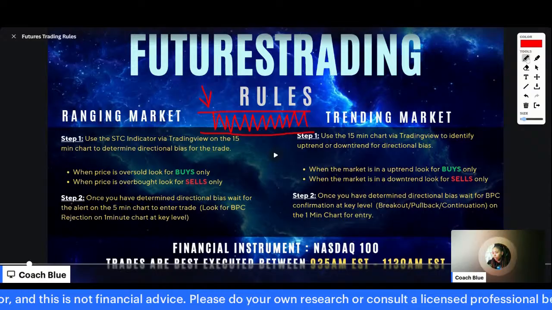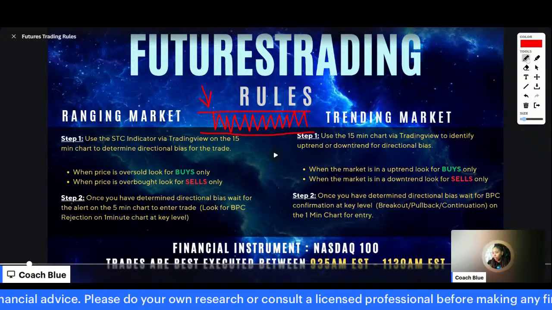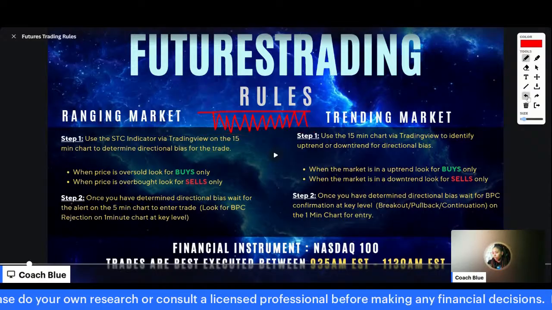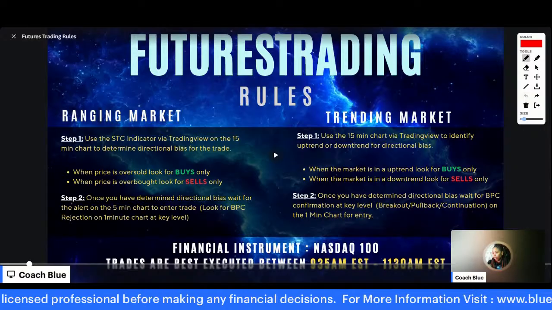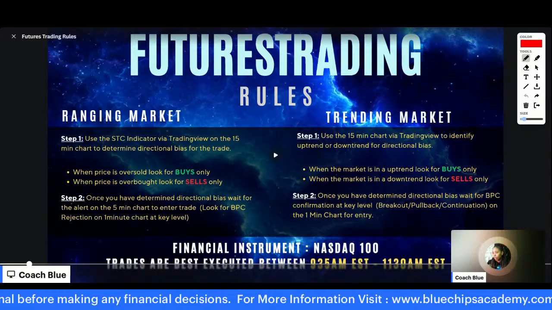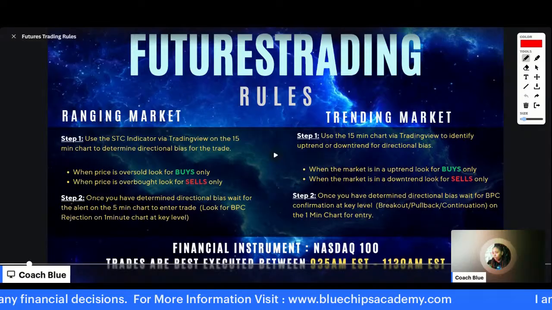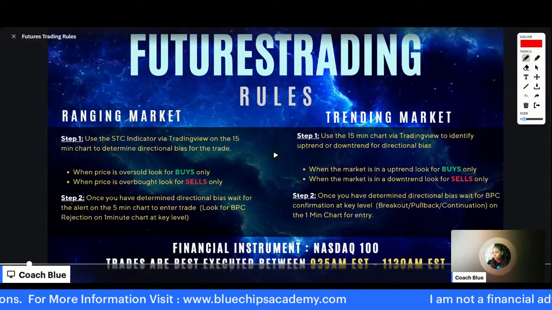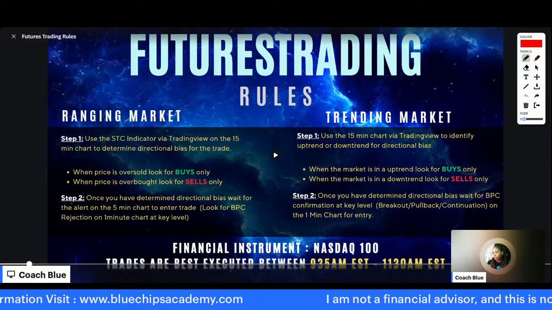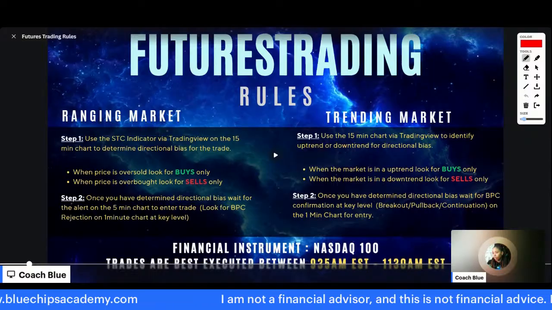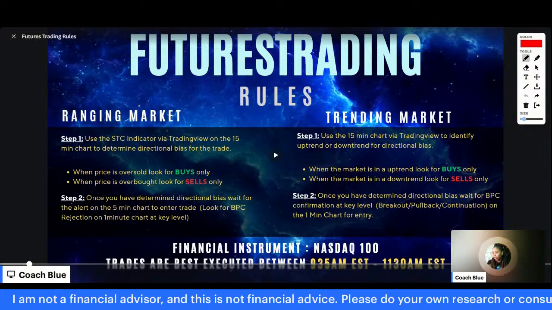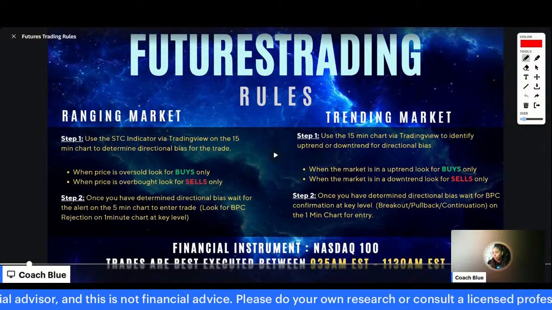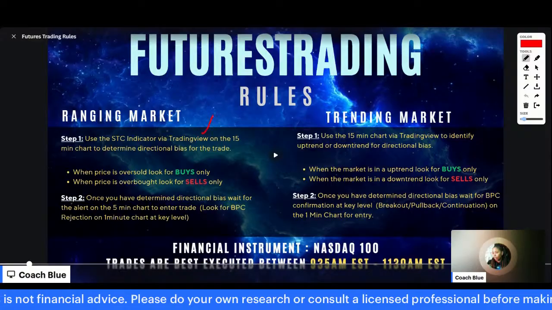Now, the next market condition is range. Okay, with a range, a range is a bit different. When we're looking at a range, I'm going to show examples of these market conditions on the chart before we get into the rules. Okay. So with a range, you're going to see more of a, I'd say, roller coaster movement. It looks similar to this.